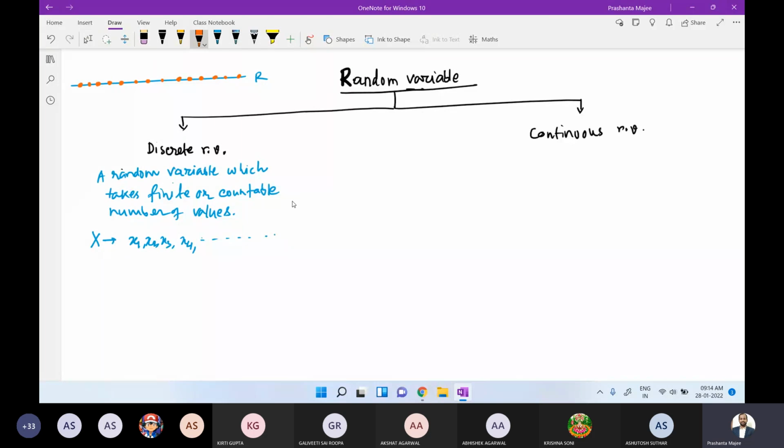On the other hand, what is a continuous random variable? A random variable which takes all the possible values in a certain interval is a continuous random variable.